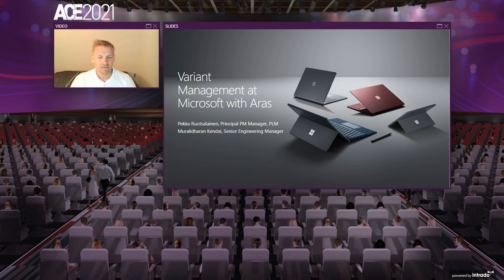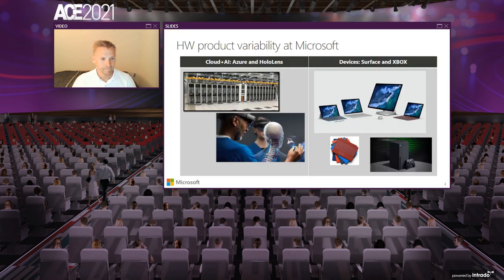So as of today, we have roughly 4,000 end users and more than 300 external partners accessing one single Aras instance for product data for Microsoft. And this platform, which we call One PDM, is utilized by all Microsoft hardware products. And speaking of hardware products, we have 2 major business groups, Cloud and AI and Devices.